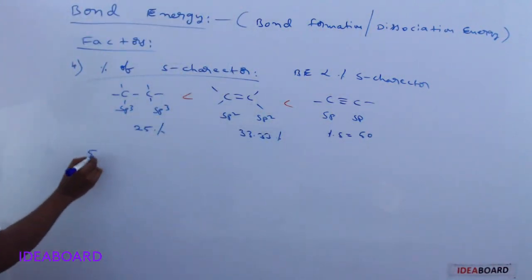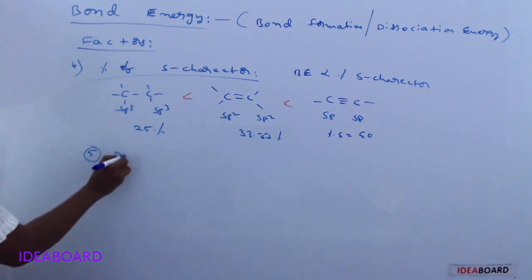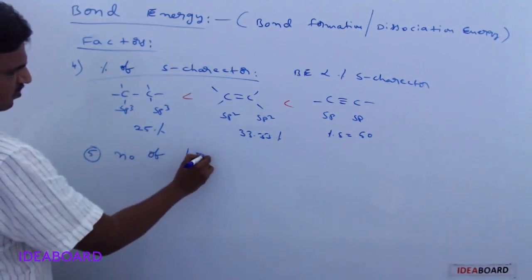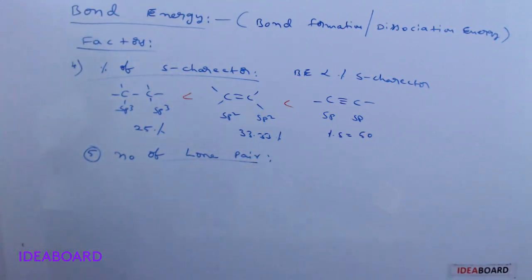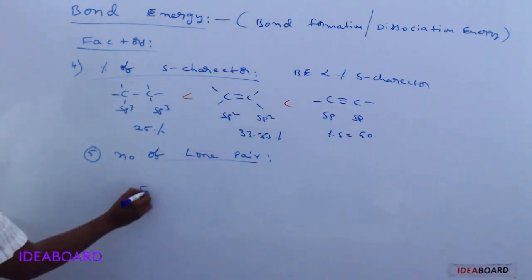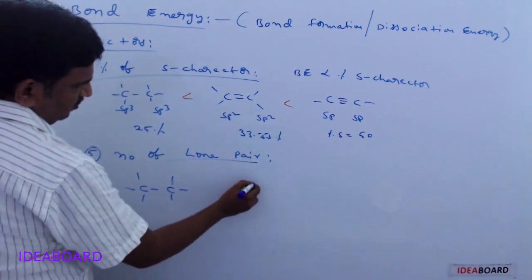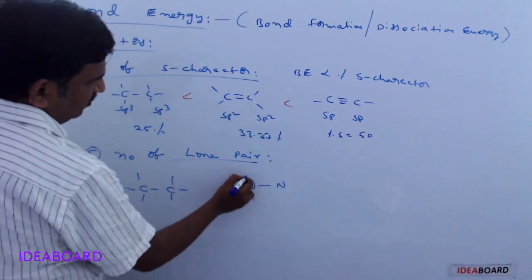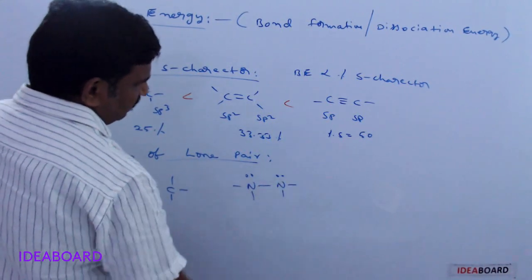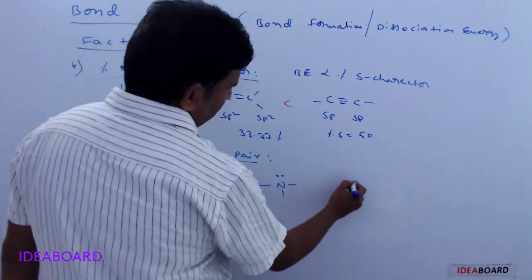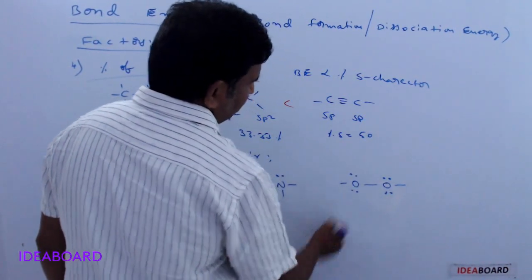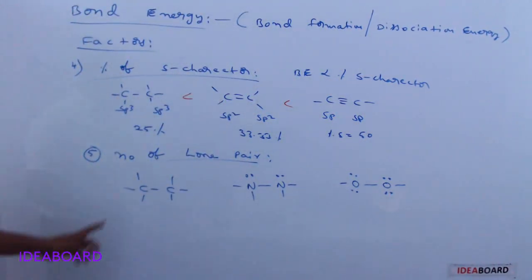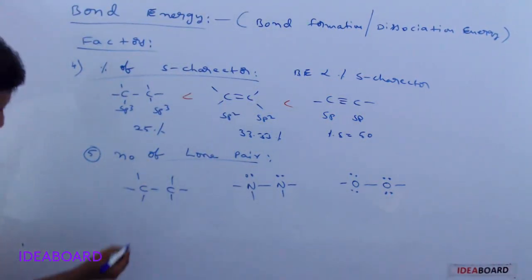Next, the fifth point: number of lone pairs on the bonded atoms, either central or bonded atoms. Suppose a carbon-carbon bond is present, the best example. The next is a nitrogen-nitrogen bond: nitrogen forms 3 bonds and 1 lone pair is present. Next is the oxygen-oxygen bond: it forms 2 bonds and 2 lone pairs are present. Whenever there are no lone pairs, what type of repulsions can exist?